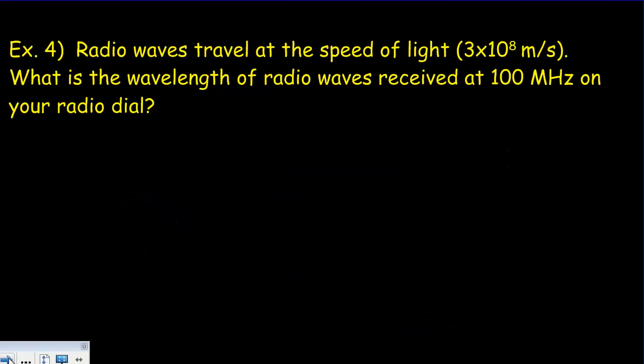If, say, I wanted to find out the wavelength of the radio waves coming from a certain channel that was located at 100 megahertz on my dial, then I could say, okay, well, v equals f times lambda. Therefore, lambda is equal to v over f. My speed is 3 times 10 to the 8th meters per second. That's the speed of light. It's the speed that all electromagnetic waves travel at in a vacuum.